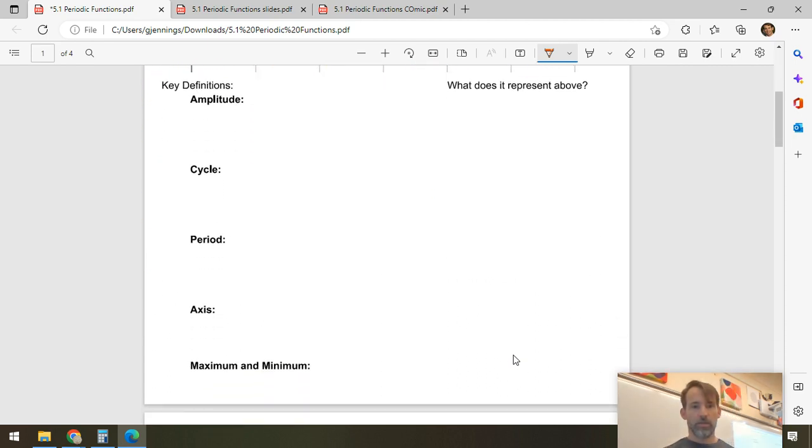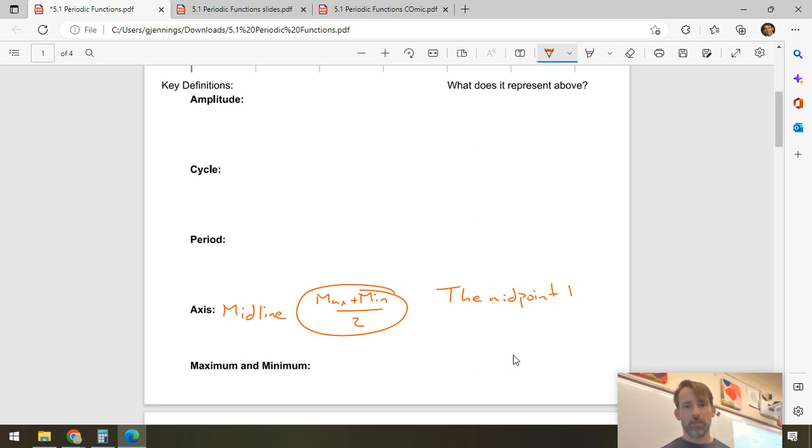The horizontal axis, or the midline, is max plus min divided by 2. In this case, it represents the middle point between inhale and exhale.